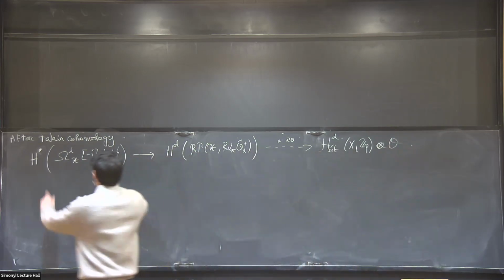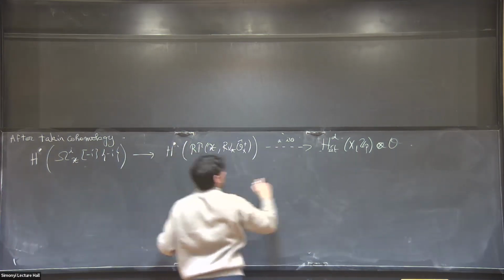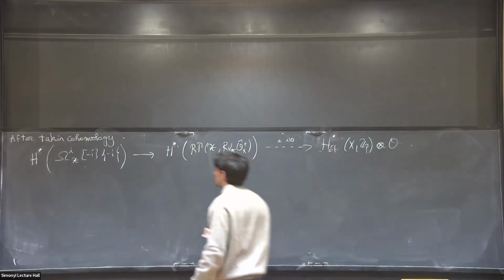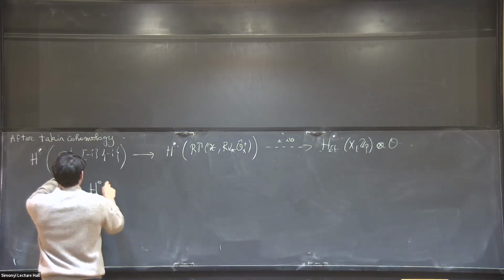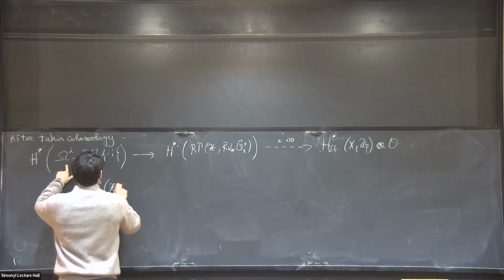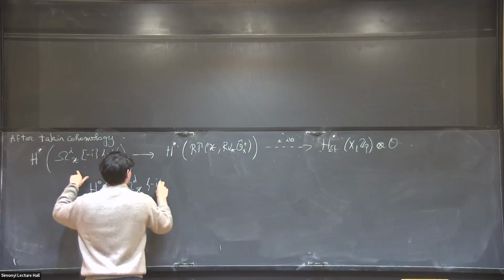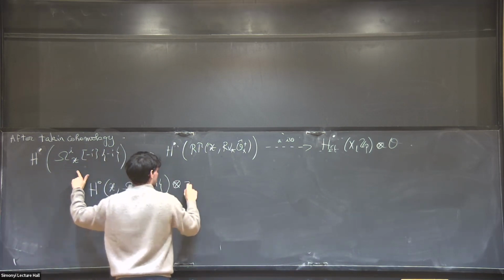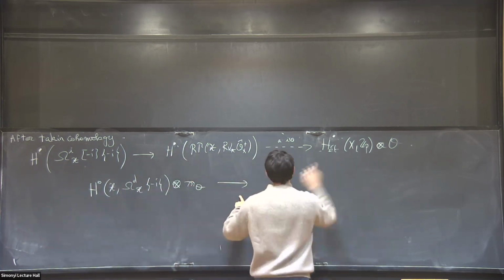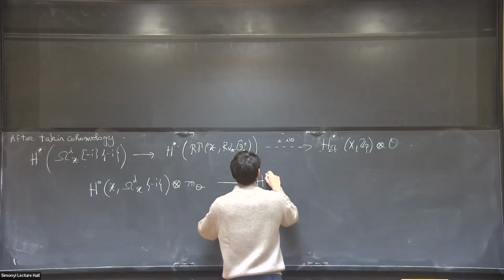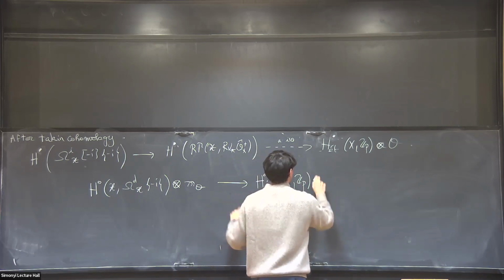So if you take both sides, and I focus just on the case of the H0, I get the map from the H0 of x omega d x minus I tensor with the maximal ideal of O. This is what a normal map is. I get a map to H etale of x Zp tensor with O.